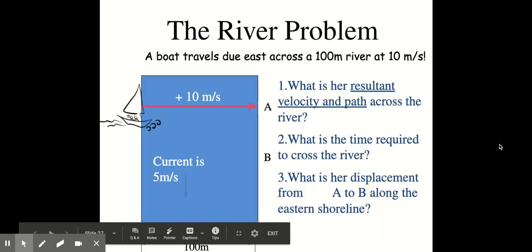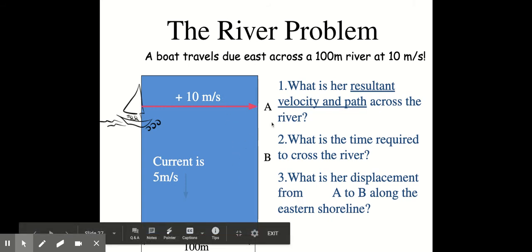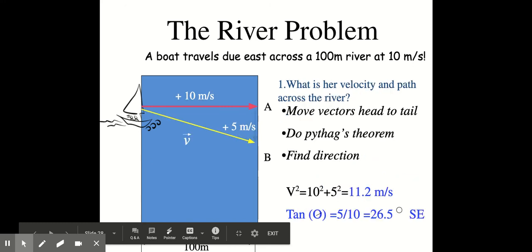So you can ask yourself how to solve these three classic problems. We're going to assume that the boat is traveling due east, which means across, 100 meters at 10 meters per second, and the current is pushing down on the boat at 5 meters per second.